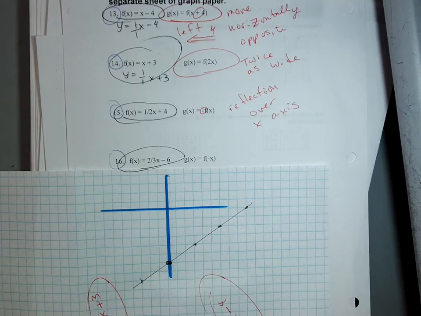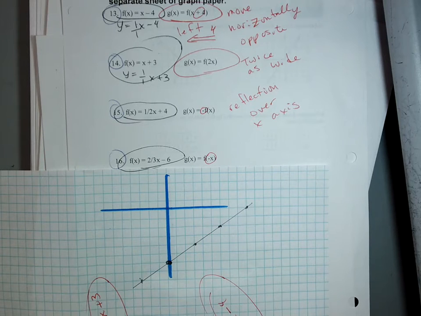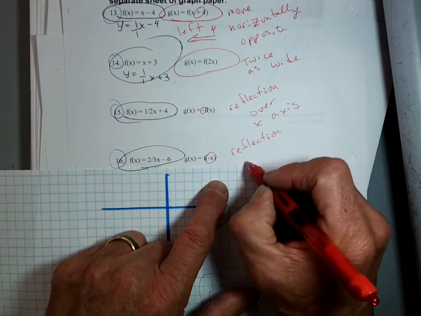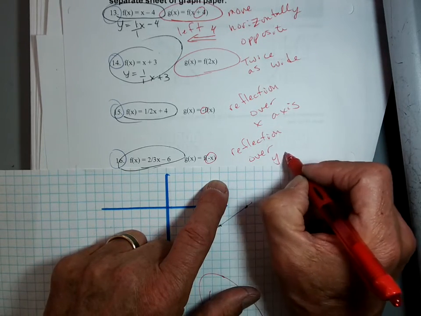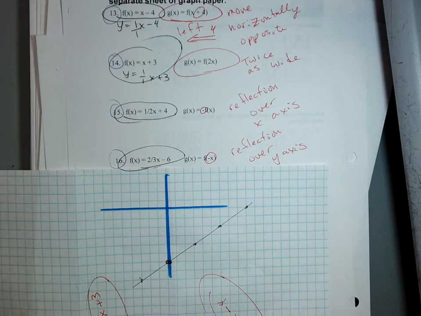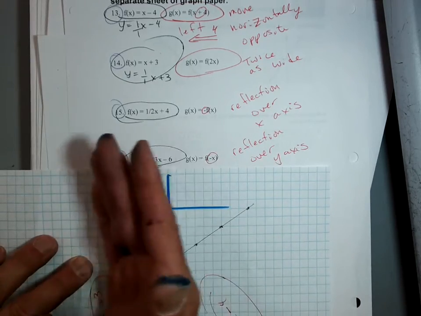And I'm going to do a transformation. Because the negative is with the x, this one is a reflection over the y-axis. So all of these points that are over here for the x values are going to fold over to the other side.